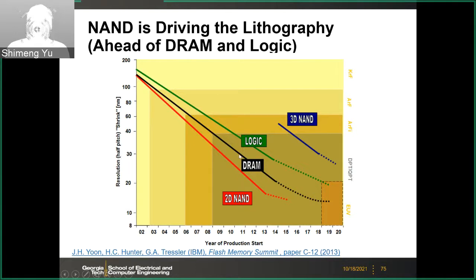As we discussed before, the DRAM actually outpaces the logic in terms of scaling, and the NAND flash outpaces the DRAM and logic in terms of scaling. The two-dimensional NAND flash used to be the driver for the lithography technology to push for the smallest feature size on chip.